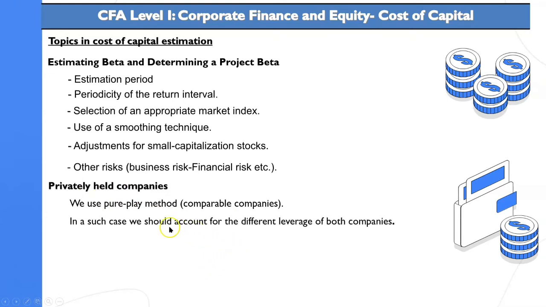We should account for different leverage for both companies. For example, company A has debt of 90% of the equity. 90% financed by debt, 10% financed by equity. Another company, only 10%, or let us say 15% debt and 85% equity.